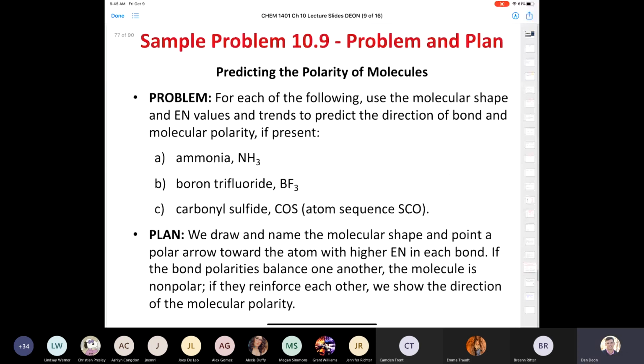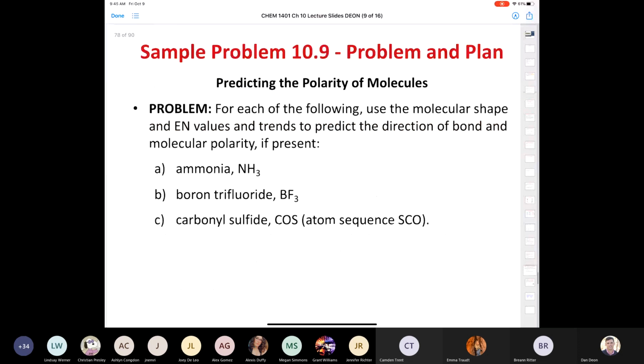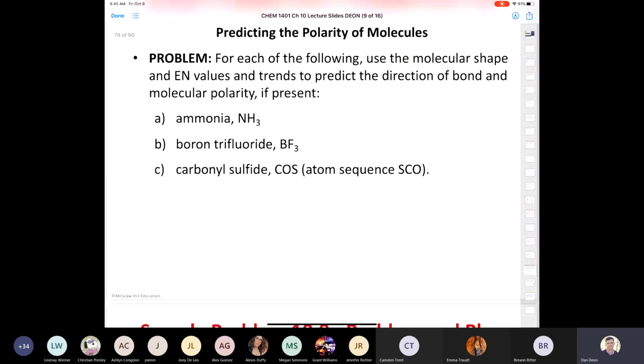This question says, for each of the following molecules, use the molecular shape and electronegativity values and trends to predict the direction of the bond and molecular polarity if present. Well, let's give it the old college try. First, we'll start with ammonia, NH3.